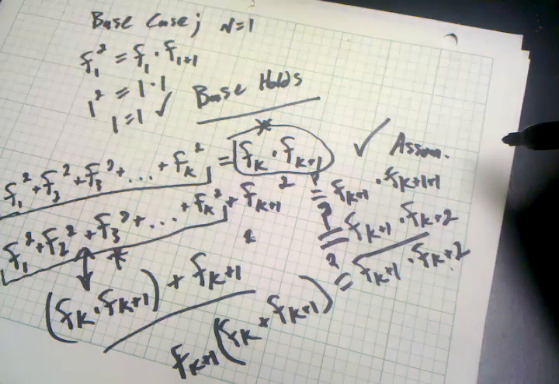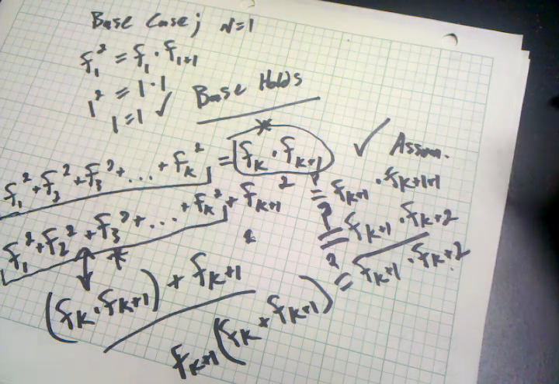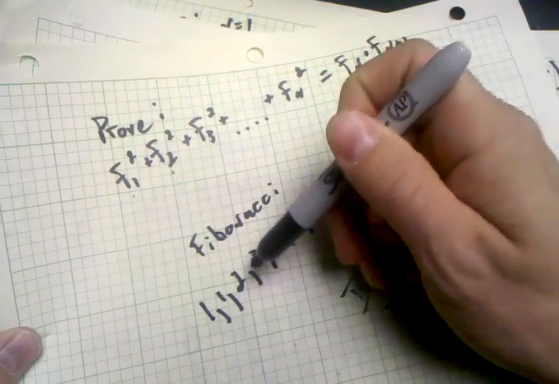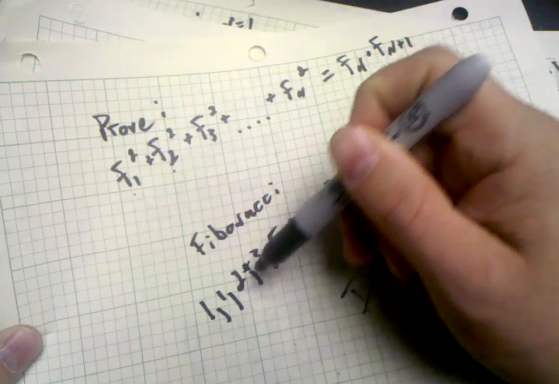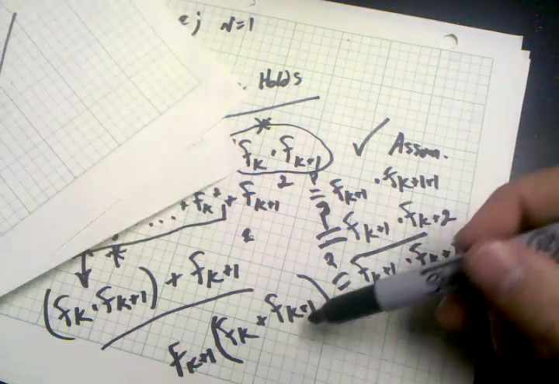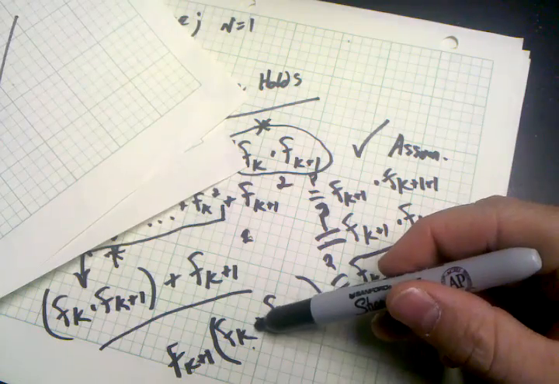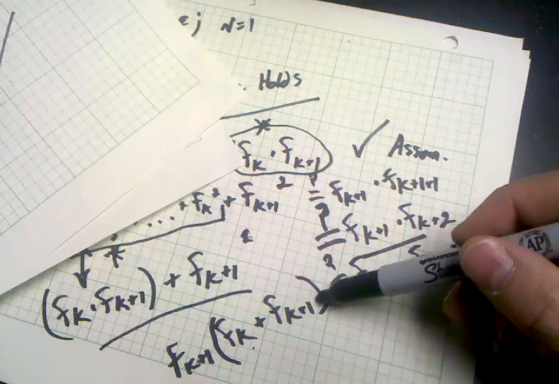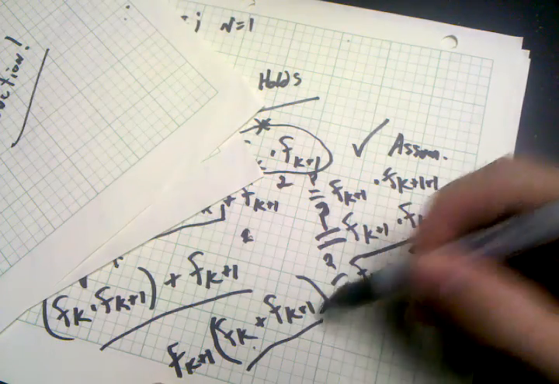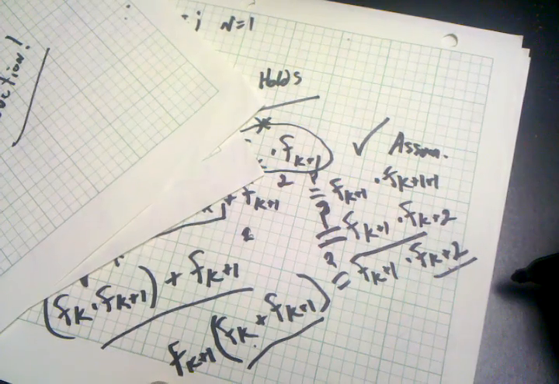Well, if we think back to the definition of the Fibonacci numbers, any one plus the next one gives us the sequential one. So we know that this and this are the same.